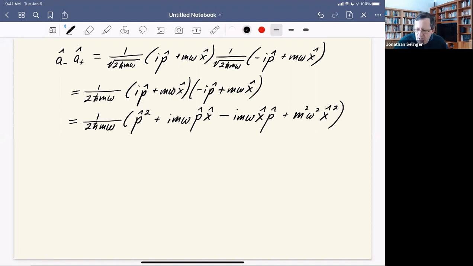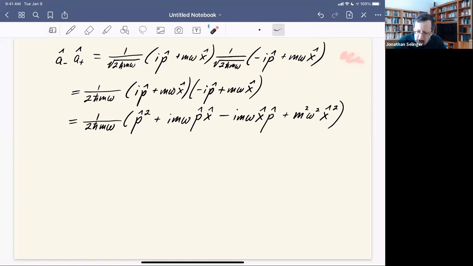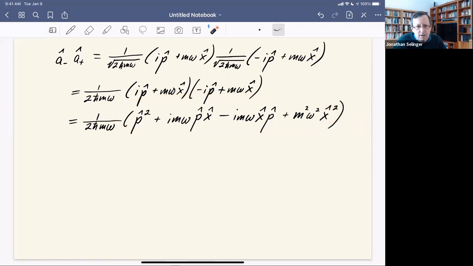So the idea is anytime you have this pair of operators acting on some test function over here, that gives you the same thing as this sum acting on the test function over there. You sort of good with that? All right.